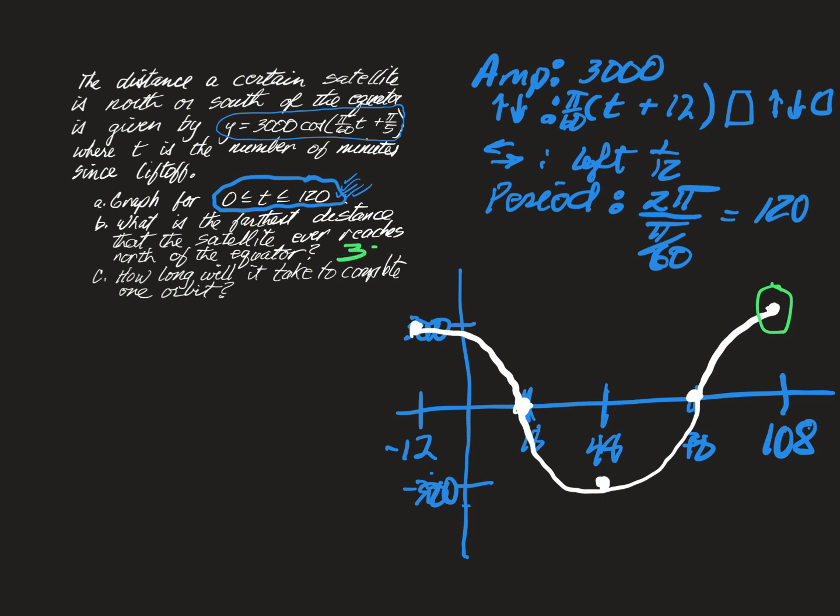So we would answer that as 3,000, I believe, miles here. Is it miles? I don't think they told us what y was. They told us that t was the number of minutes. So I believe it would be 3,000.